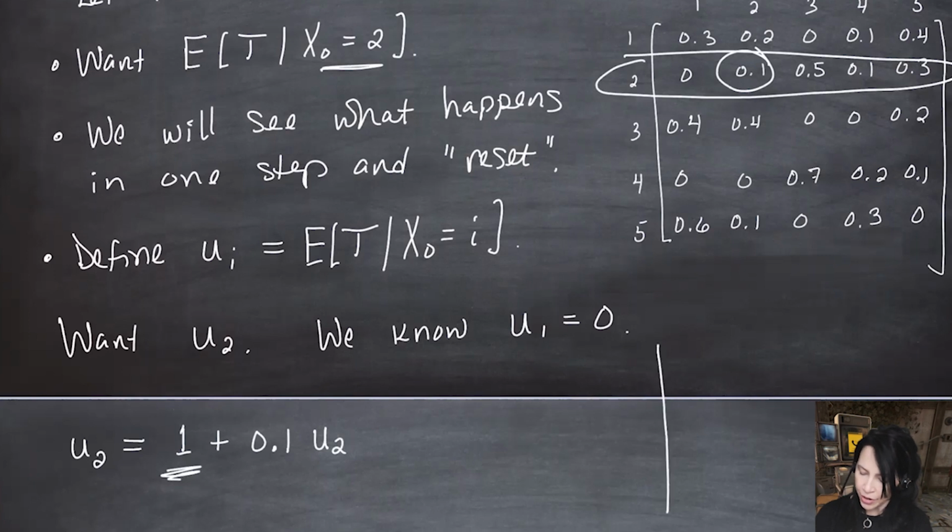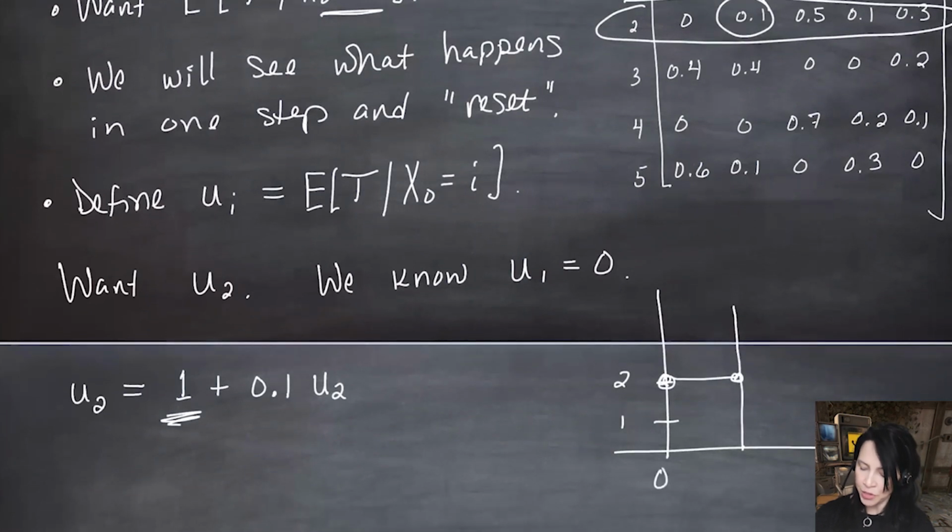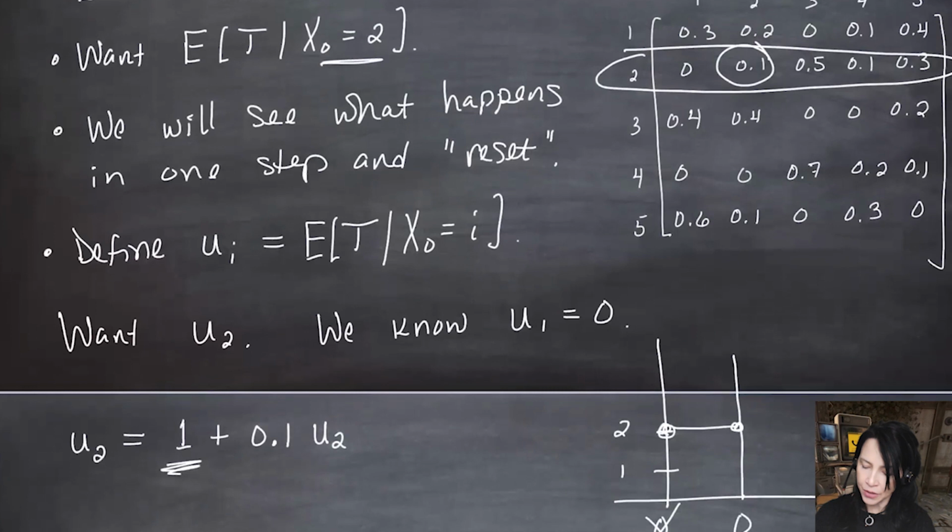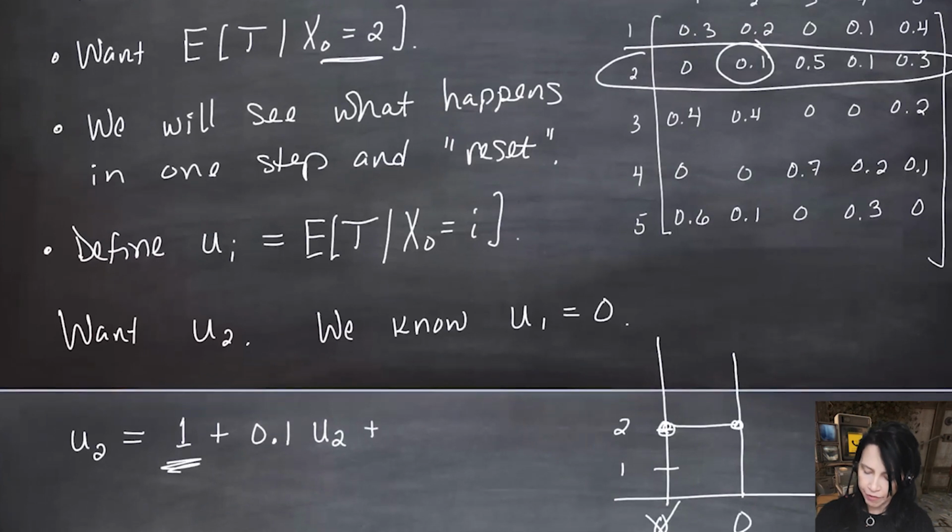So in a picture here, I've gone from 2 to 2, and I haven't hit state 1. So I'm just going to say, okay, 1 step has gone by and time 0 was here, but now I'm going to call this time 0 and start over. And continuing looking at that 2 row of the matrix, which is now in the upper right corner, starting from 2, I can go to 3 with probability 0.5.